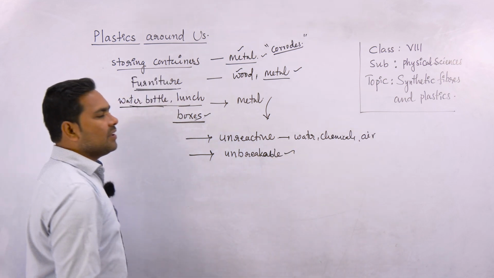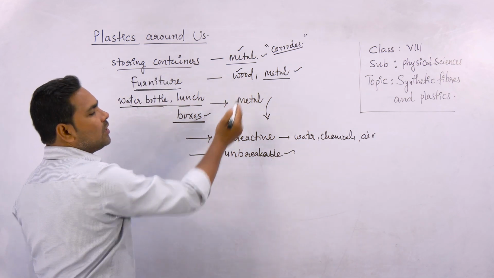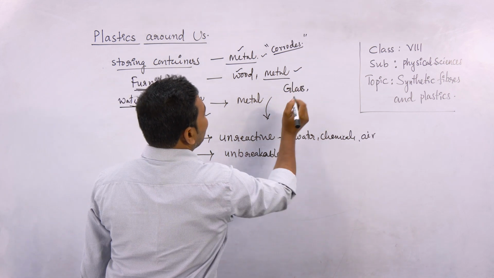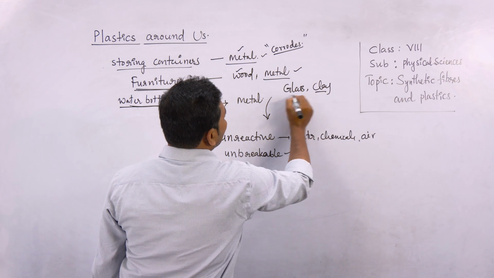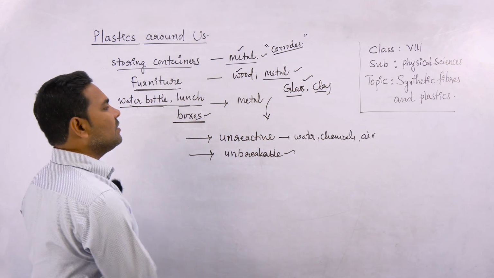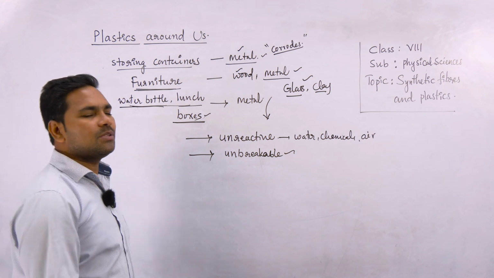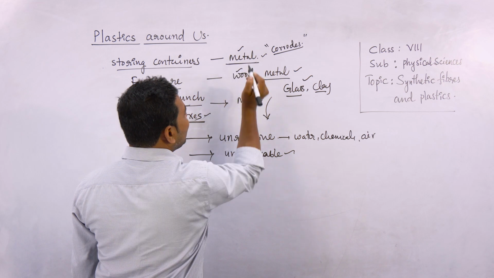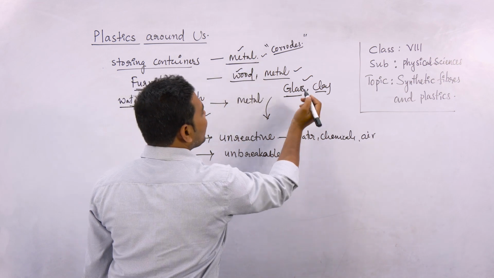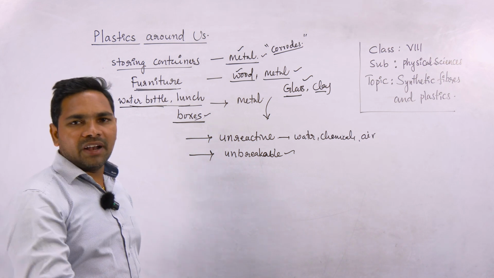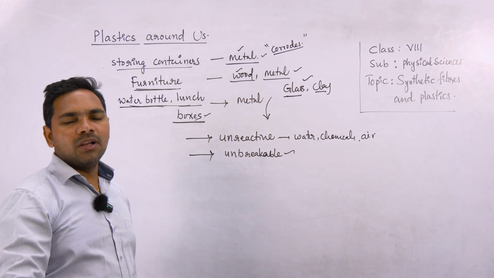Plastic is unbreakable, whereas natural sources like wood, you see, glass was also another traditional material, glass or clay, right? These are also traditional materials used in olden days, but even glass and clay were replaced by plastic. And what's the problem? Whether it is wood, metal, glass or clay, whatever the items made, if they fall down, what happens generally?